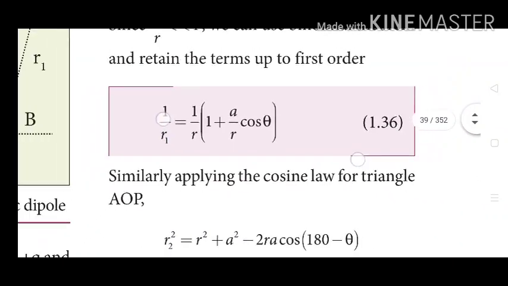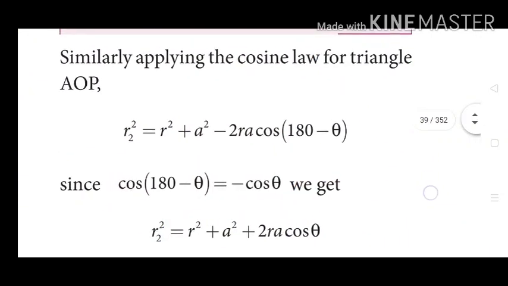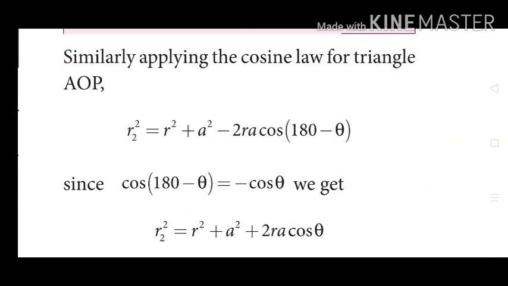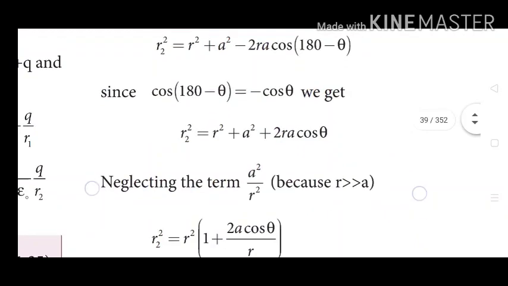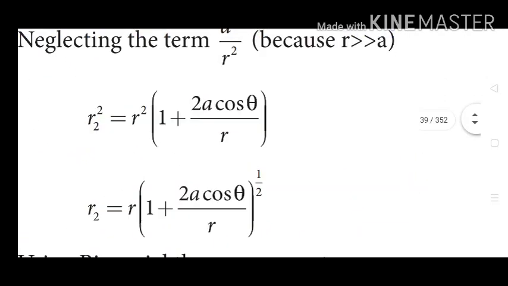Finally, we will get 1 by R1 is equal to 1 by R into (1 plus A by R cos theta). Similarly, in triangle AOB, R2 square is equal to R square plus A square minus 2RA cos (180 minus theta). So, children, we know cos (180 minus theta) is minus cos theta. Substituting, R2 square is equal to R square plus A square plus 2RA cos theta. A square by R square is neglected.